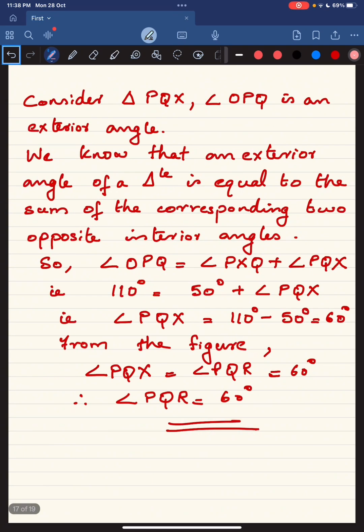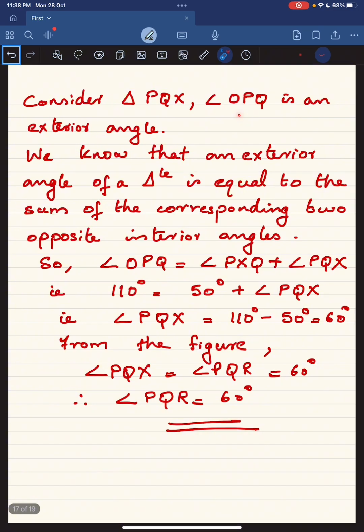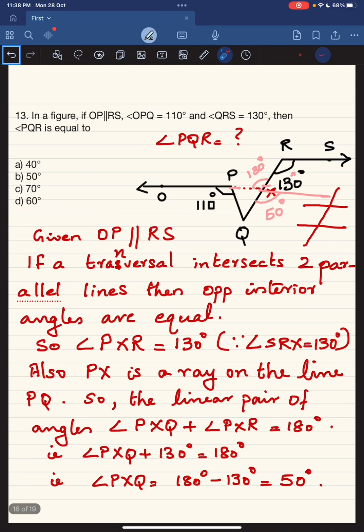Next, consider triangle PQX. In triangle PQX, angle OPQ is an exterior angle.